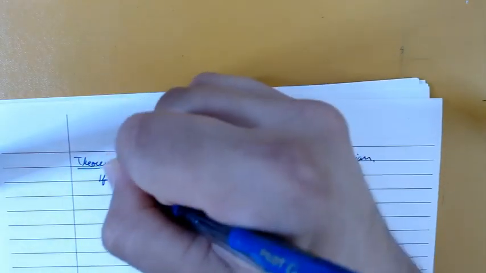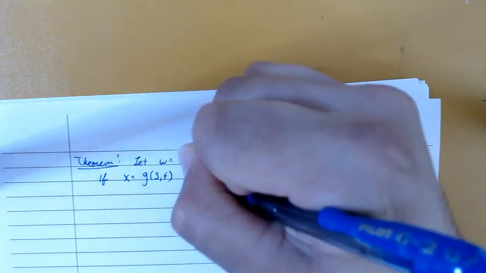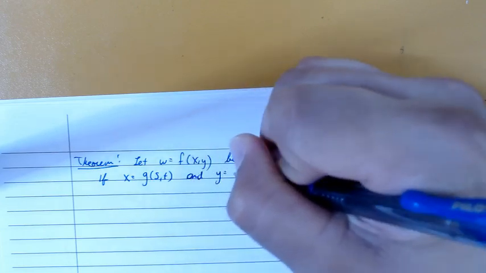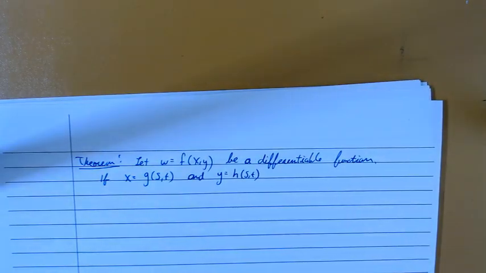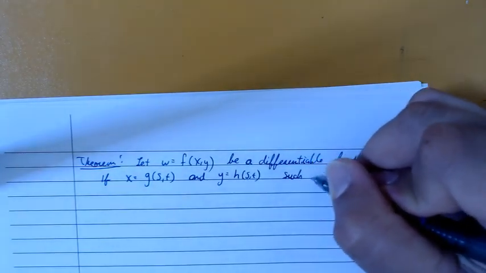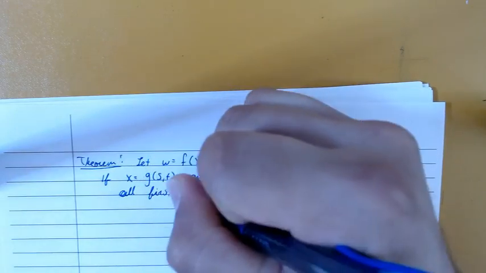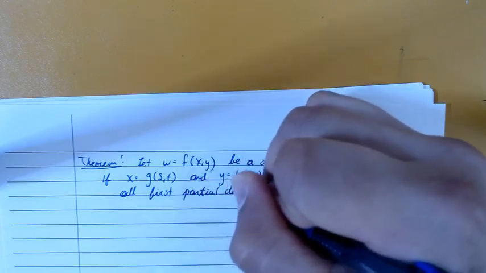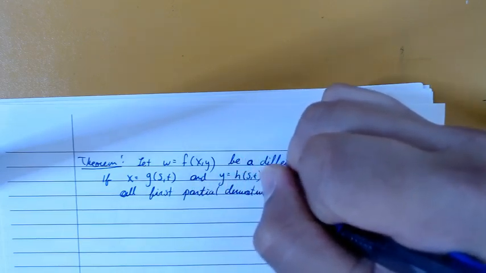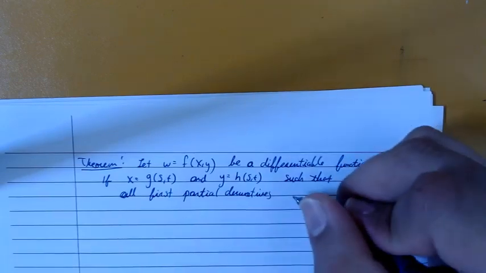So if x is equal to some function of s and t, and y is also equal to some other function of those same two parameters, s and t, such that all first partial derivatives exist, I guess I should say all partial derivatives of g and h exist.